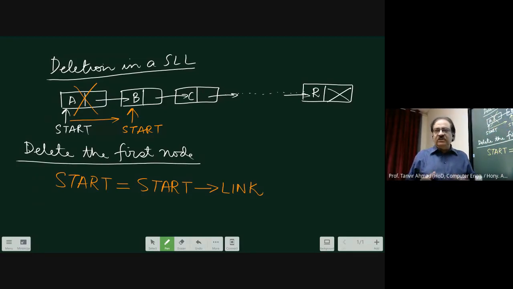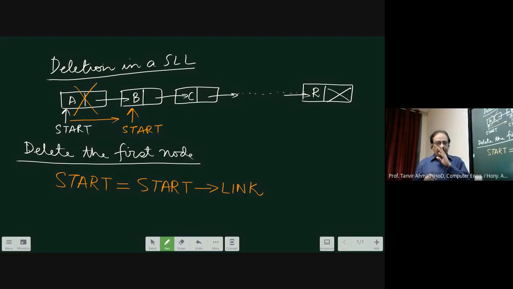Now, the linked list will start from B, C, and will keep on going. But actually, when you are doing this, node A is still in the memory because you have not removed the node. What you have done is that you just shifted the pointer from the first to the second node.